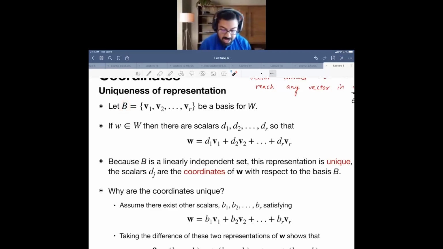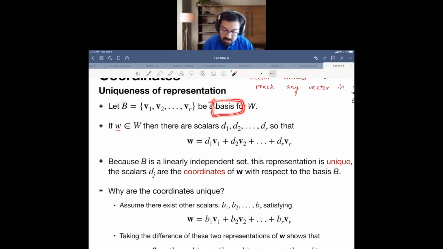So let us start with a set of vectors B over here, and this is forming my basis for the subspace W. So this has r vectors. This should be underlined because this is a vector here. Now the small w is a vector that belongs to my subspace W, and there are scalars d1, d2, d3, and so on up to dr, so that any vector w in capital W can be written as a linear combination of all these vectors.